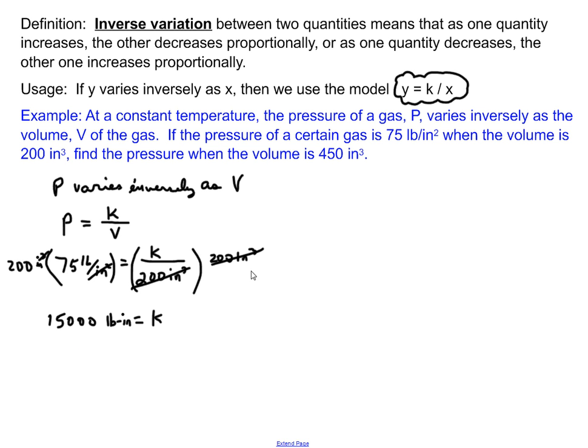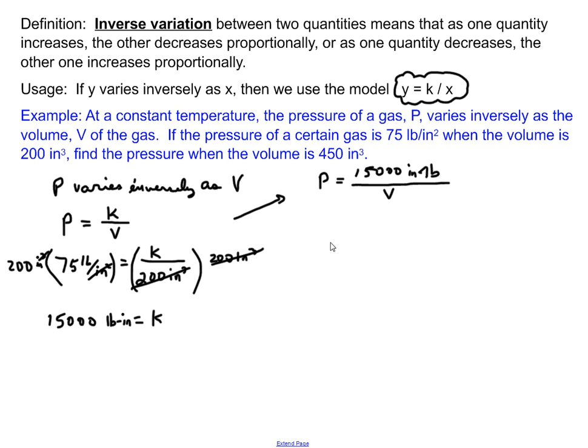So our proportion then is given as P is equal to 15,000 inch pounds, we'll call it. I'll just reverse the order of those, sounds better in alphabetical order, divided by V, volume. All right, so what does that mean?